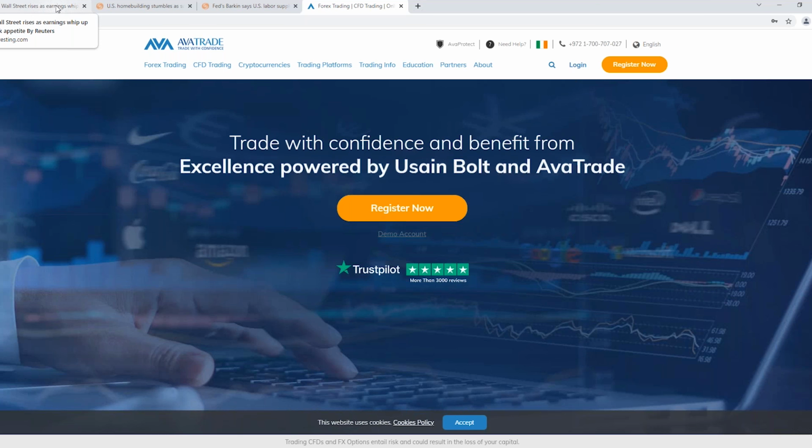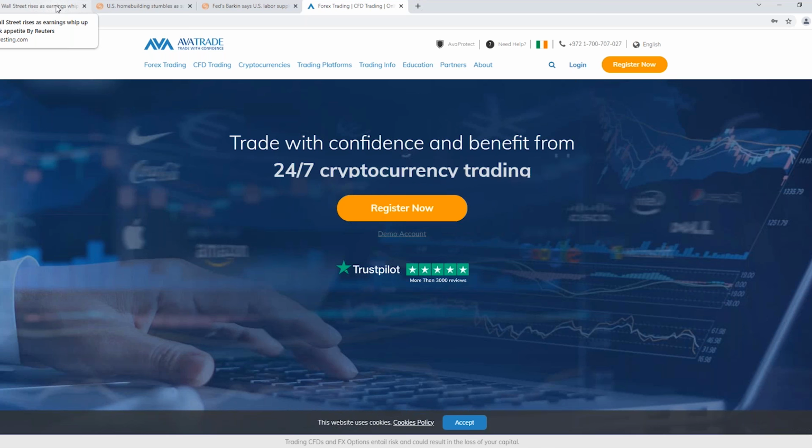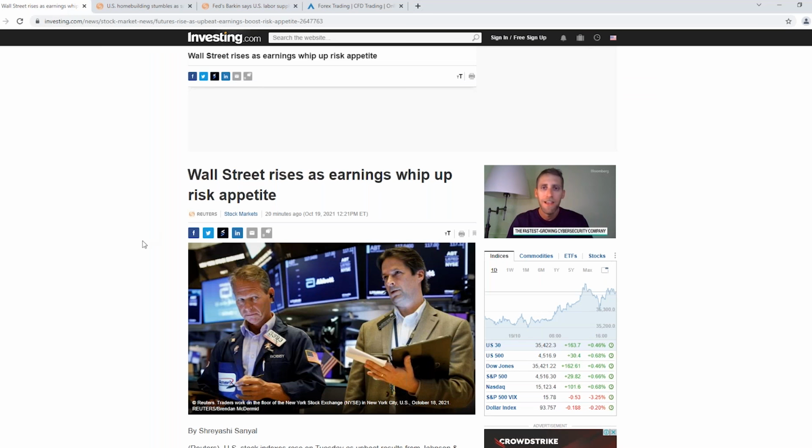If we're looking for technical strategies, would we rather buy off the support level or sell off the resistance level? Are we looking for a breakthrough of the resistance or a breakthrough of the support price? Those sorts of things. We can go into an instrument already knowing which direction we might prefer, and then look for those entry points. So let's look at the fundamental news real quick.